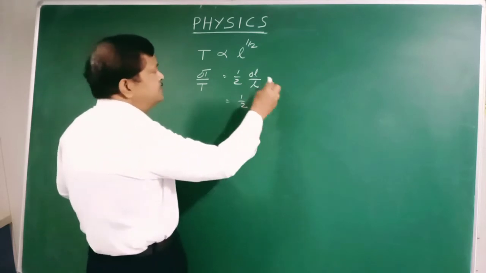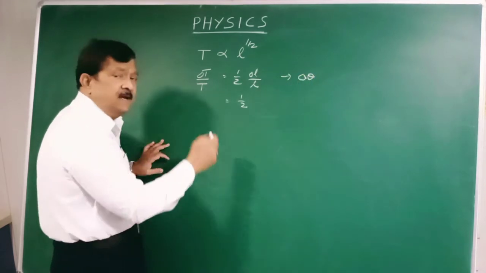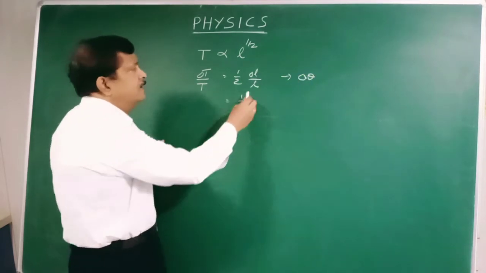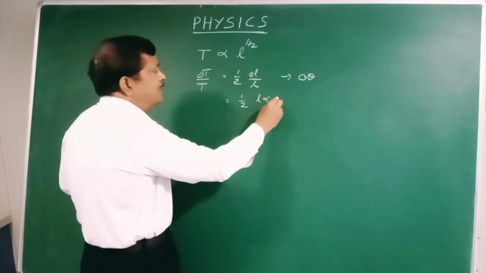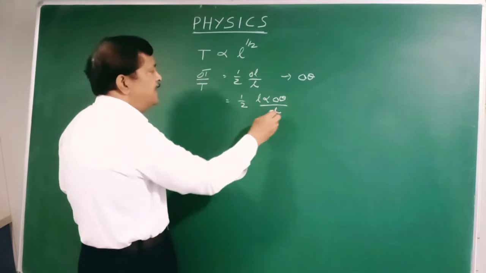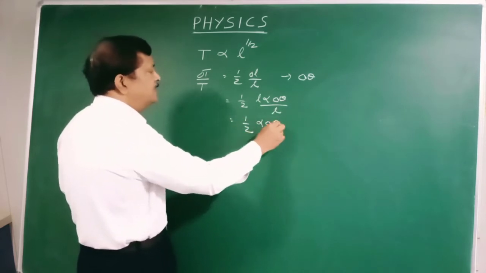Let us say the change in temperature is delta theta. Then delta L we can write as L alpha delta theta, divided by L, so that will be equal to half alpha delta theta.